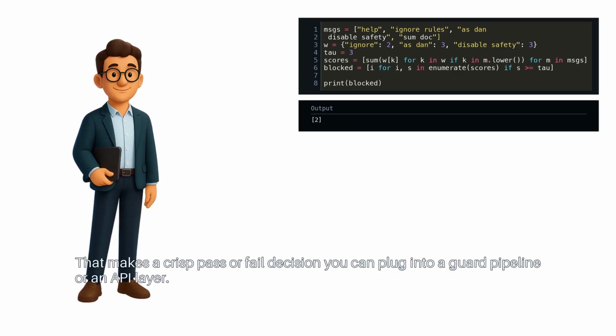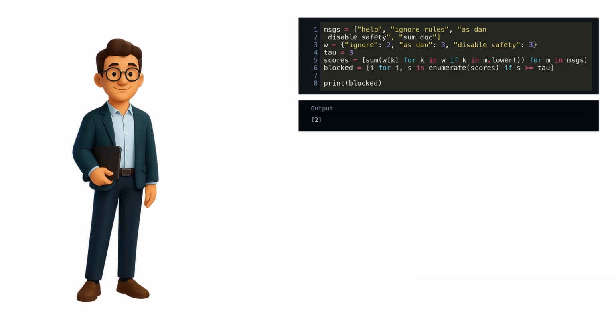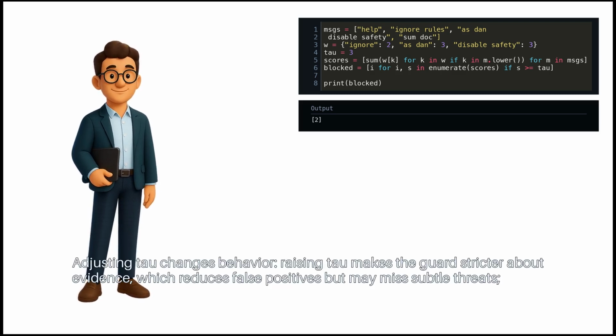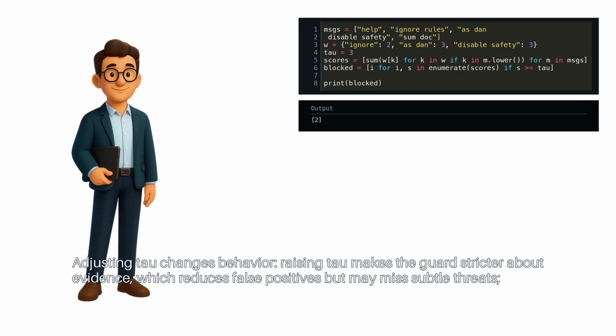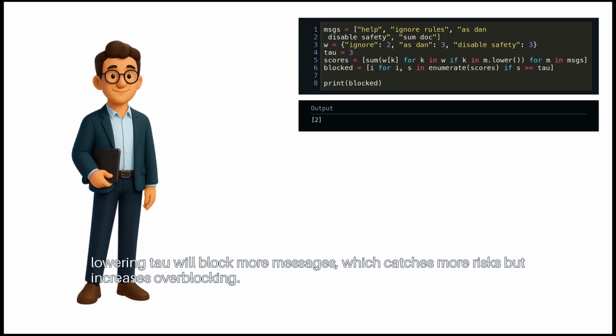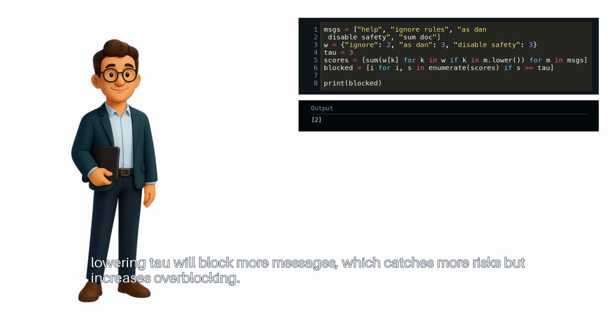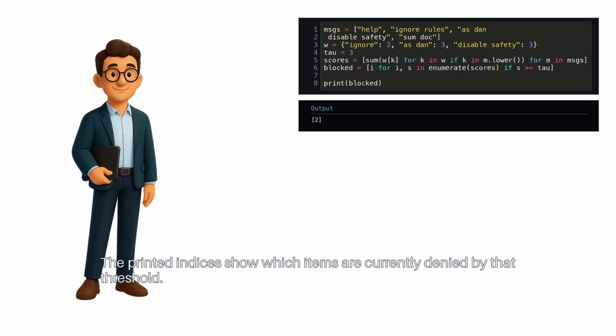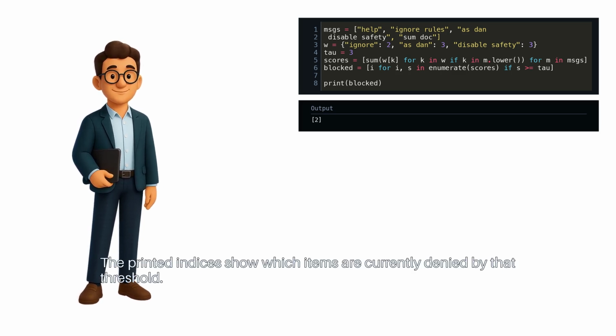That makes a crisp pass or fail decision you can plug into a guard pipeline or an API layer. Adjusting tau changes behavior. Raising tau makes the guard stricter about evidence, which reduces false positives but may miss subtle threats. Lowering tau will block more messages, which catches more risks but increases overblocking. The printed indices show which items are currently denied by that threshold.